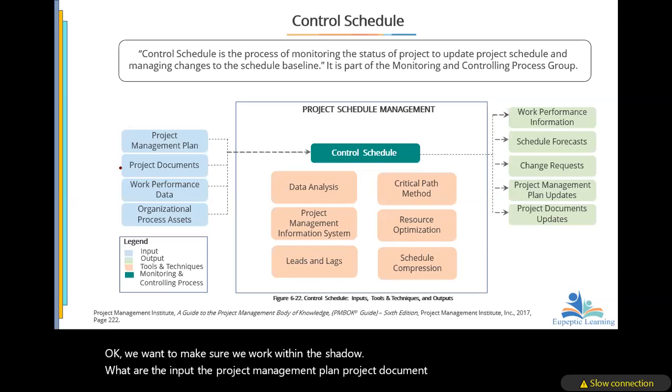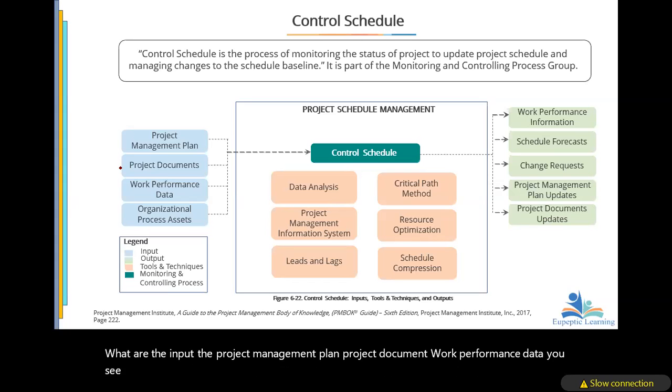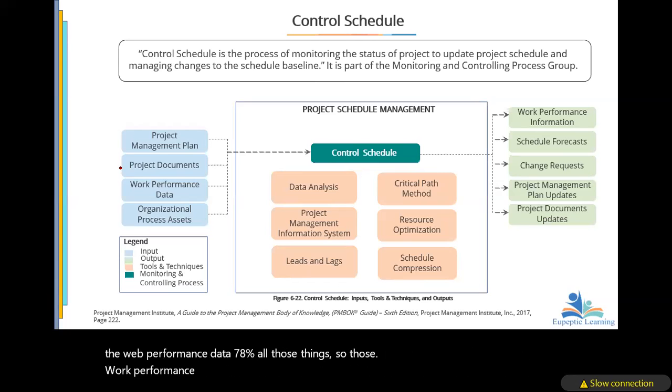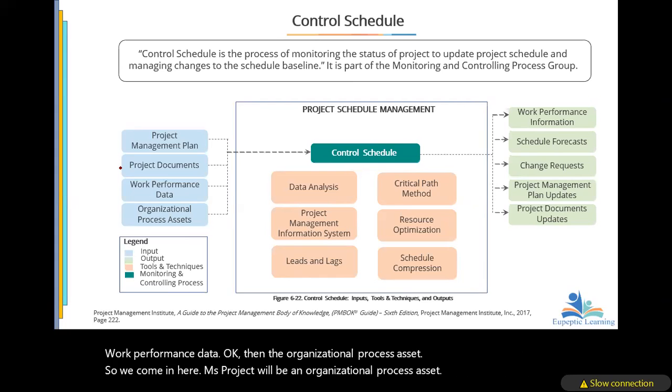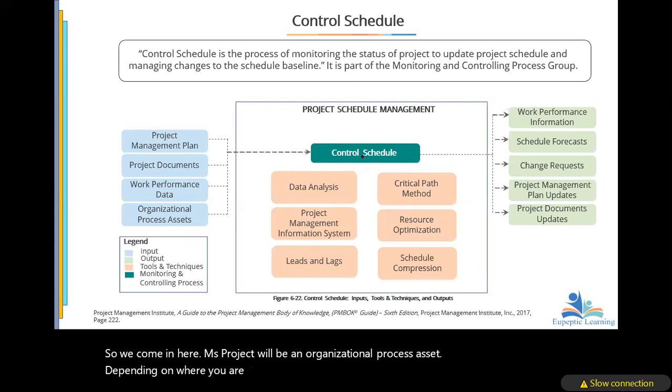You remember the Gantt chart? It was giving us the work performance data, 78%, all those things. So those are the work performance data. Then the organizational process assets. So MS Project will be an organizational process asset, depending on where you are working. So control schedule, what are the tools and techniques?